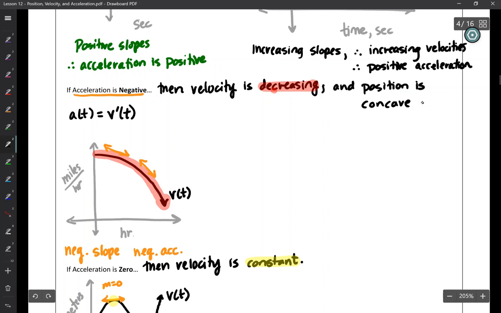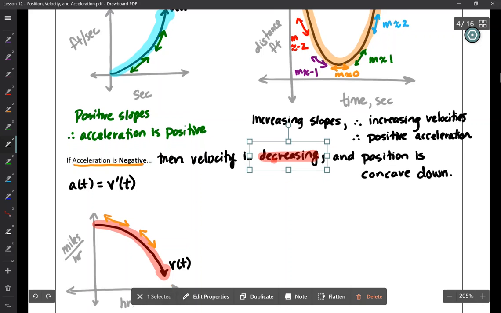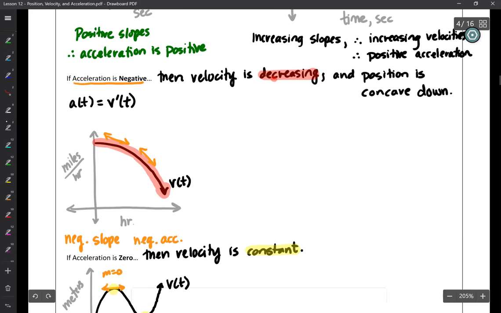Oops, I'm sorry, we just did concave up. Position is concave down. Let's draw a picture of a position function.